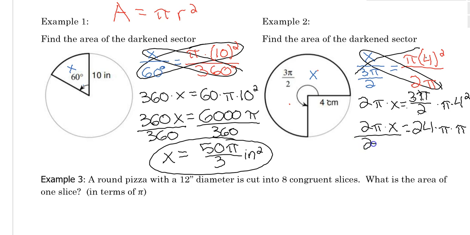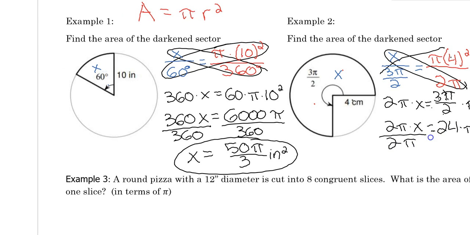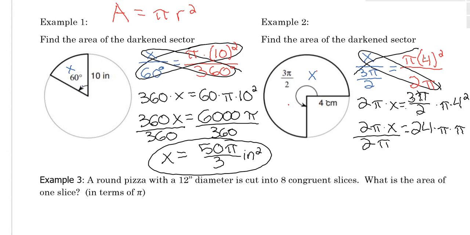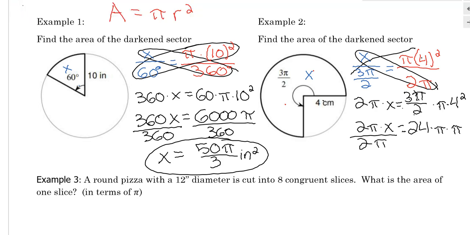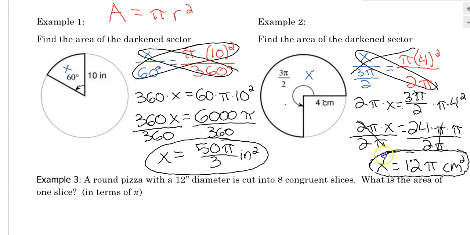Then I'm going to divide by 2 pi on both sides. So I have x equals 24 divided by 2 is 12. One of my pi's goes away, so I have pi. And again, this is an area, so we're now looking at squared. 12 pi centimeters squared. Okay.